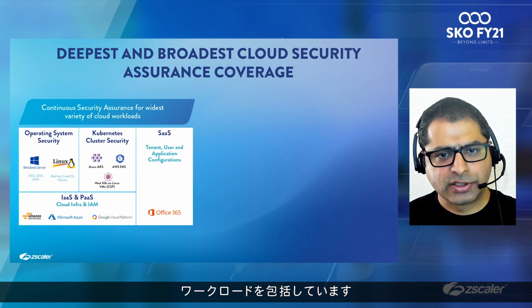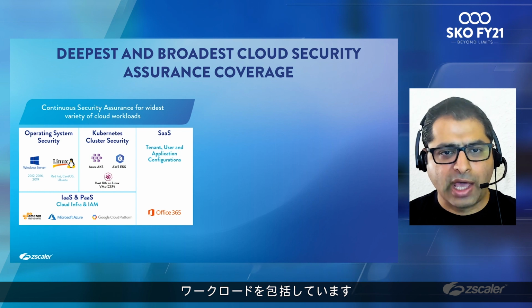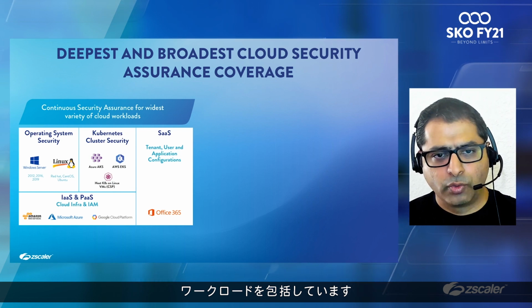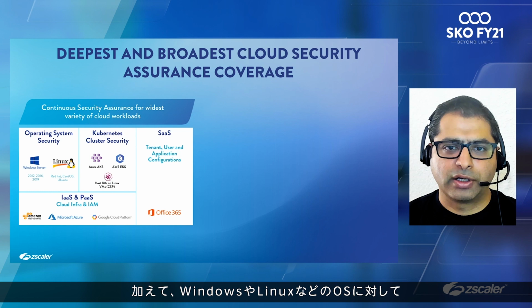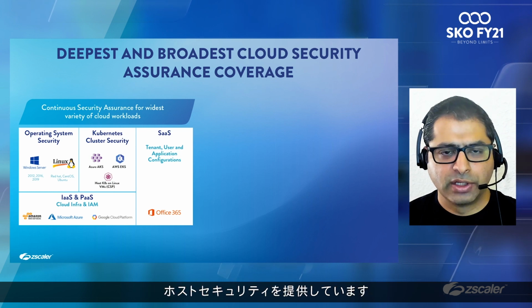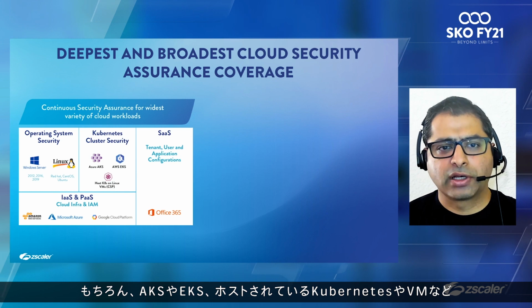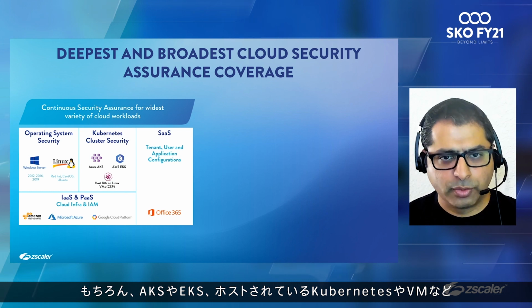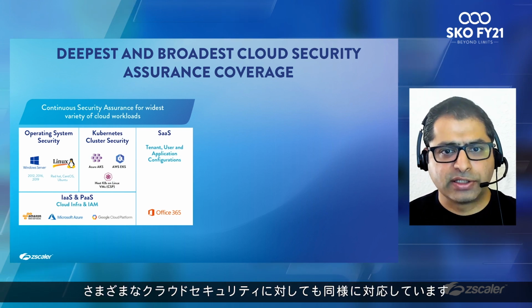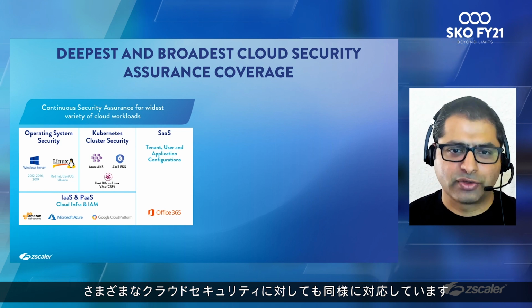Zscaler CSPM has the deepest security coverage across workloads, covering 4 major areas: cloud infrastructure and IAM configurations for workloads deployed on Azure, AWS, and GCP. We also provide host security for operating systems like Windows and Linux distributions, as well as various cloud security configuration or distributions including AKS, EKS, and hosted Kubernetes on VMs.